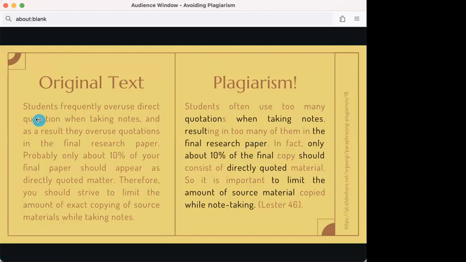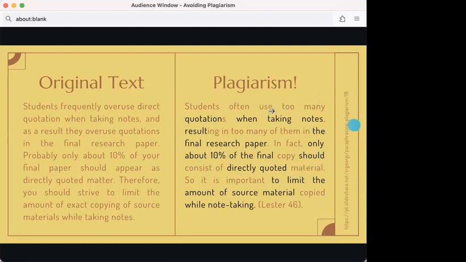There is not much difference. The quotations can also be found in the plagiarized work. Quotations taken when taking notes result in many of them in the final research paper, almost exactly the same. Only about 10% of the final copy should consist of directly quoted material.